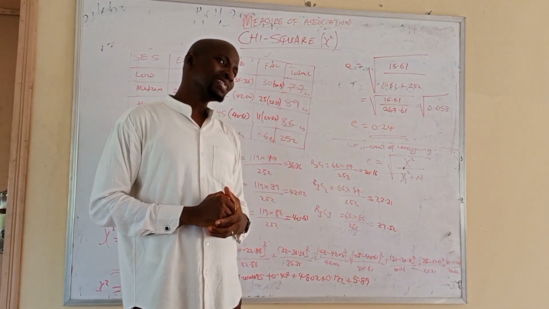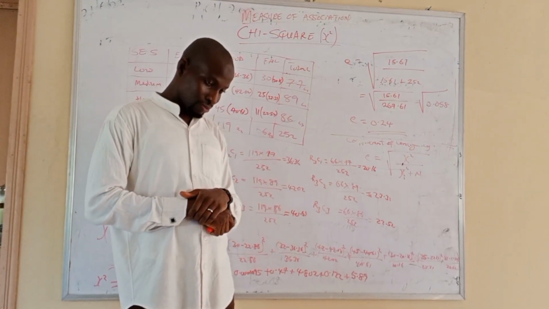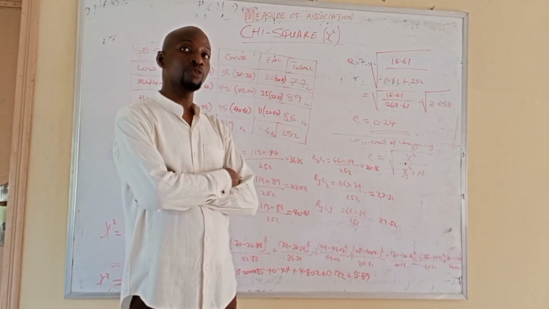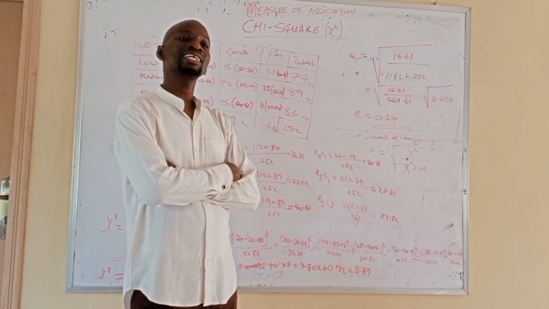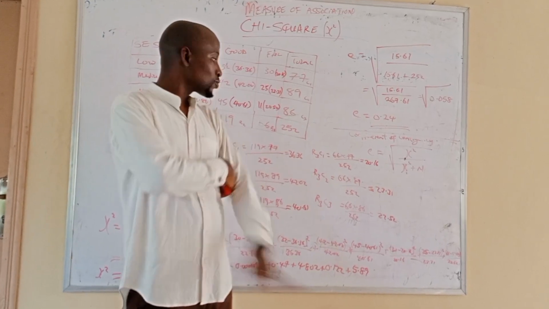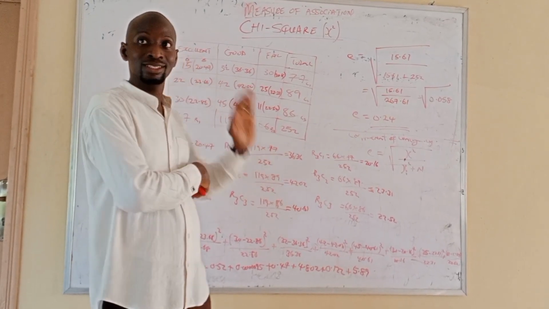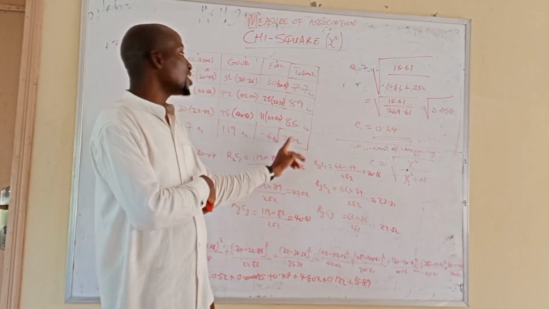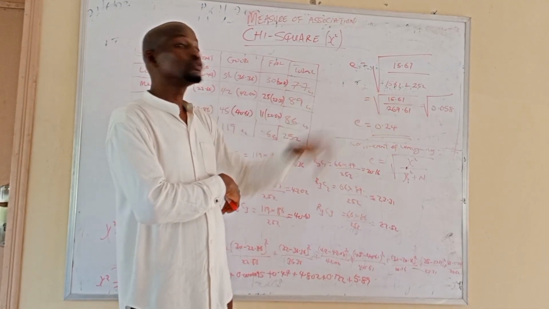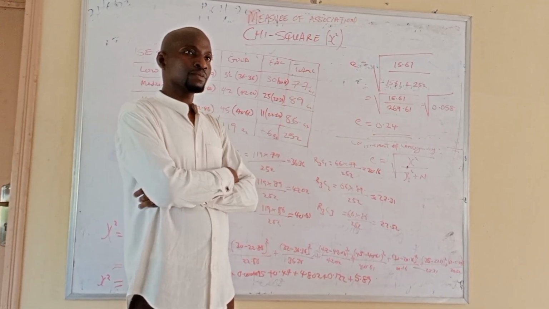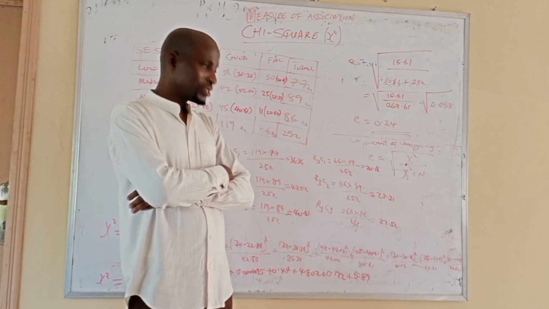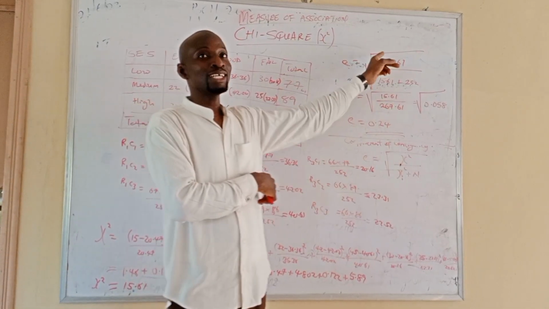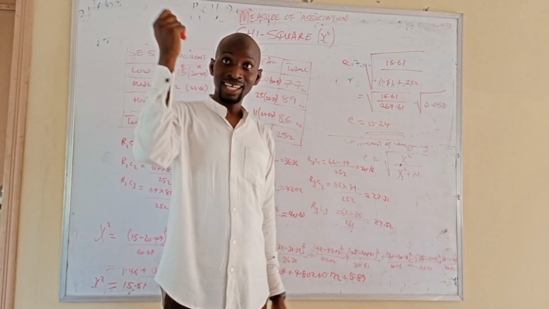And if the question now says, let me shock you, if the question now says the coefficient of contingency is 0.24, what is the chi-square value? Do you know that you don't have to go through all this? The only thing you need to do is to find the grand total, and you will do substitution. When I say you do substitution, it implies that you will denote chi-square to be a value, let's say x.